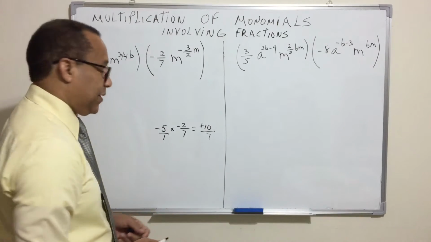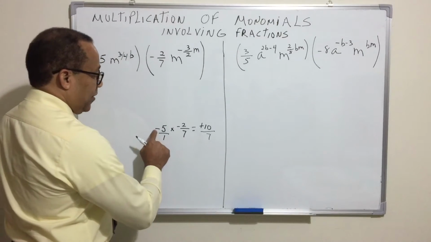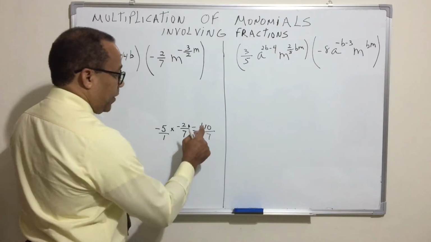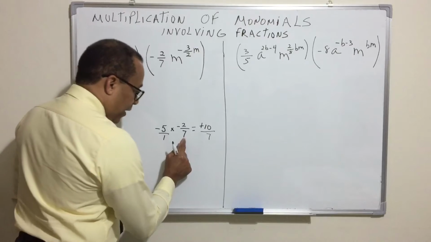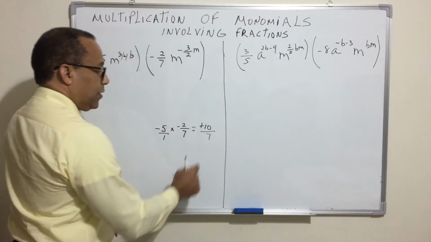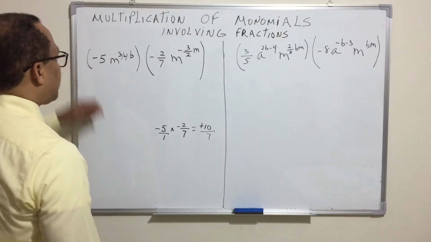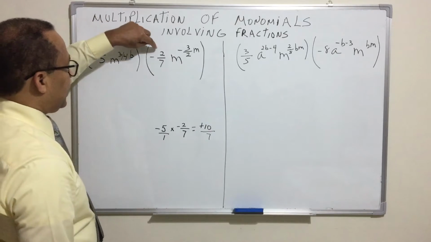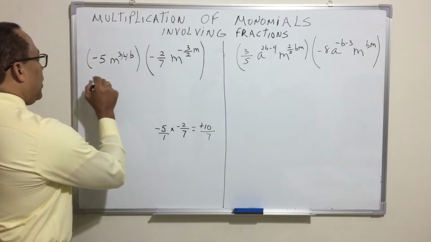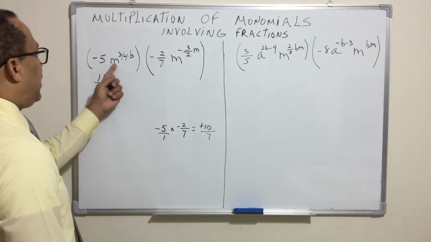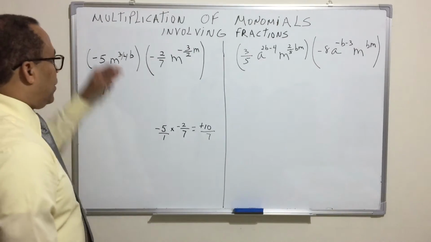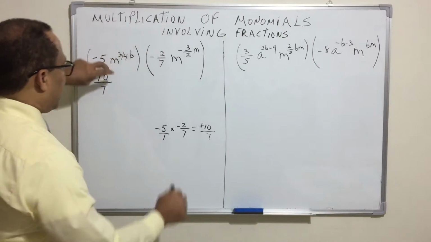So what I'm saying is, you may say negative 5 times negative 2 equals positive 10, and then you say positive 1 times positive 7 equals 7. So this is 10/7. Negative 5 times negative 2/7 equals 10/7. And now let's solve the exponents for the variables.